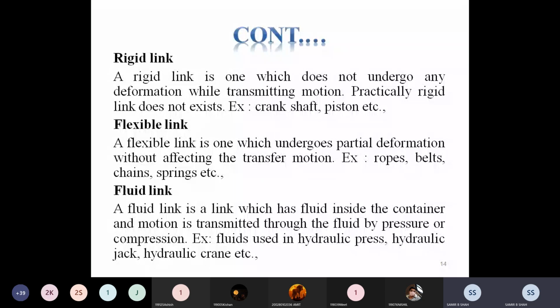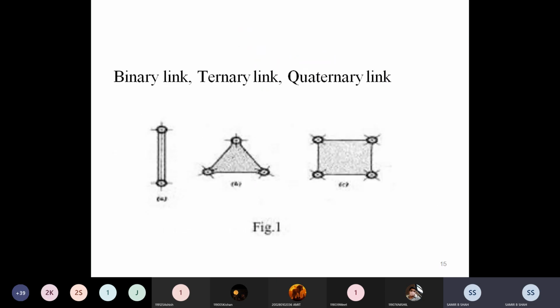We also discussed the types of rigid link, the meaning of rigid, flexible, and fluid link, and where they may be used, right? Binary link is there, ternary link is there, and quaternary link. These three are the types of rigid link.